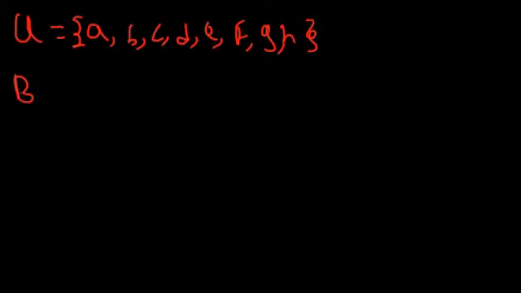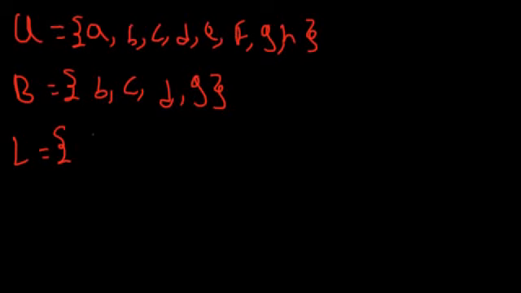Let's say B is also a subset of the universal set and it includes elements B, C, D, G. And also L is a subset of the universal set and it includes elements A, C, B, G, H.